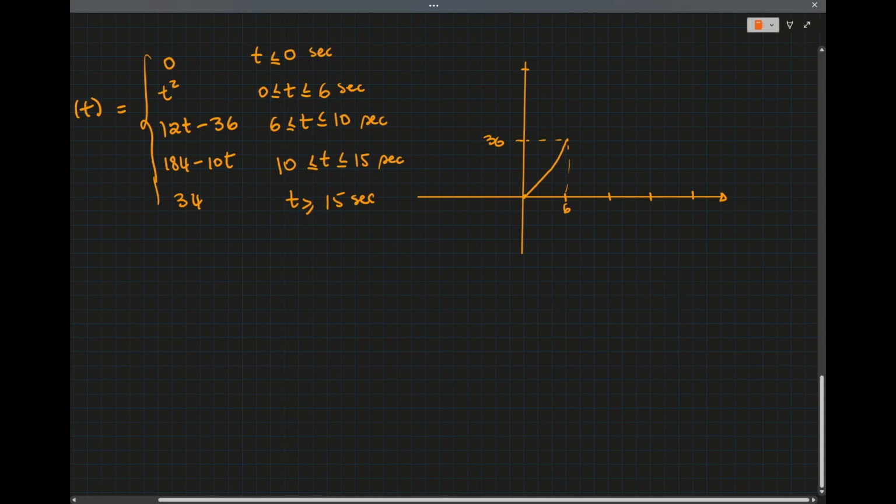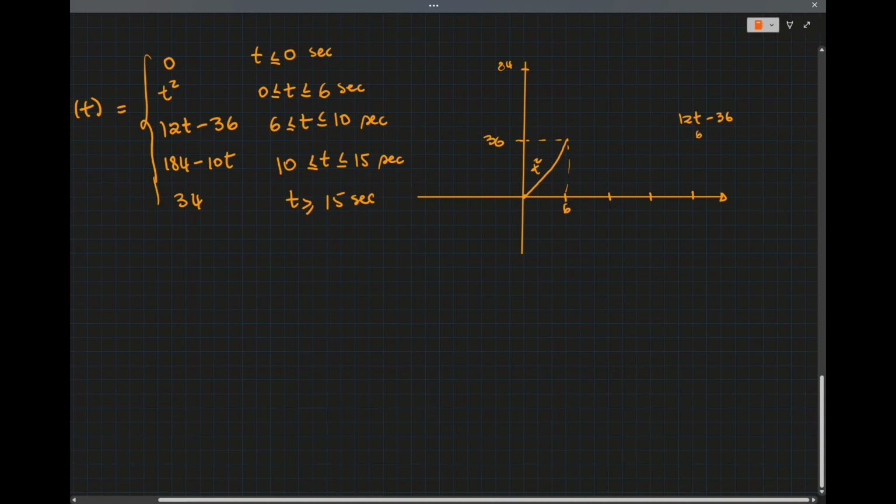Then the next is 12t minus 36. So when I plug in 6 here, 6 times 12 minus 36, that's 36. It's a straight line, right?